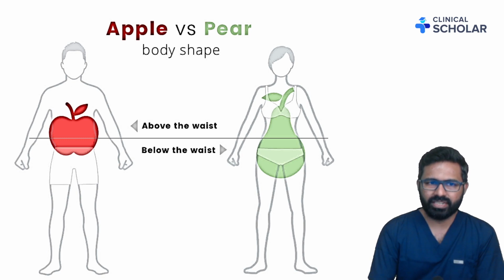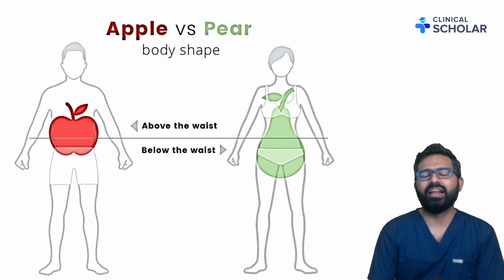So central obesity can be quantitatively expressed as waist-hip ratio, and this gives a measure of visceral adiposity or visceral fat mass.